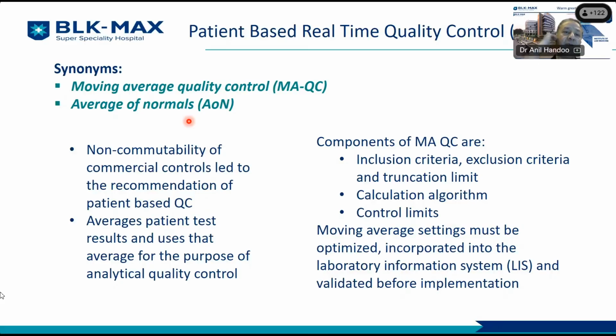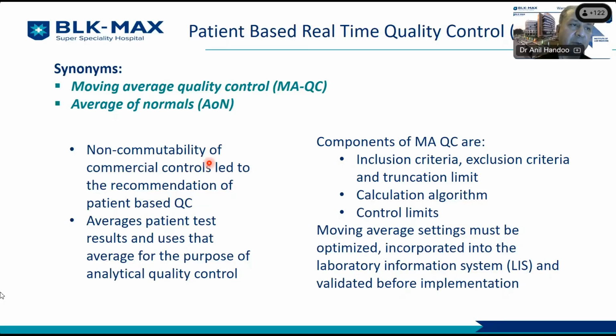The reason why we do that is because there is something called non-commutability of commercial controls. In other words, the commercial controls and the patient sample are not equitable. And that's why people look at the data coming from the patient samples itself.